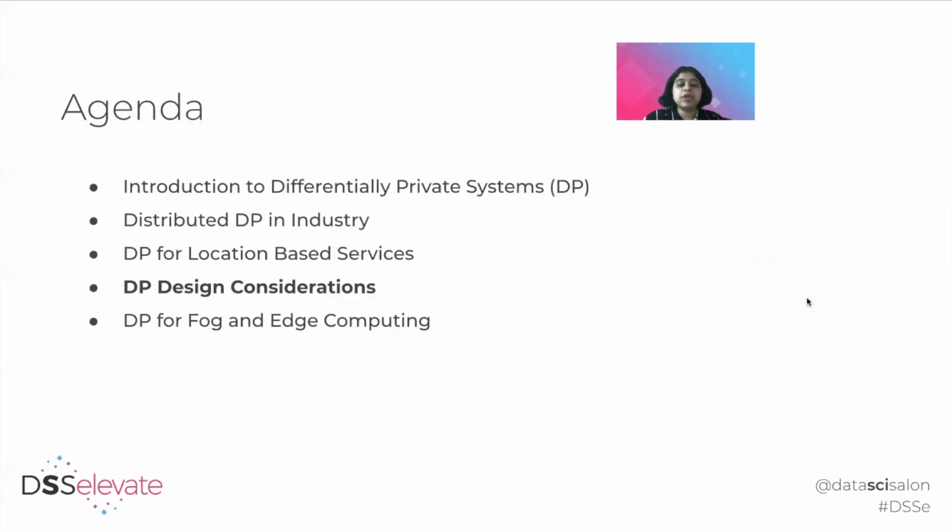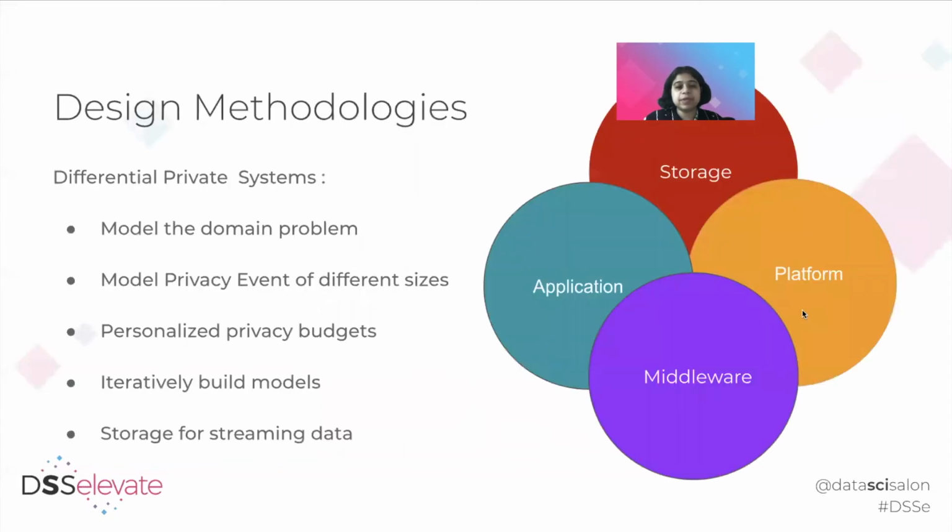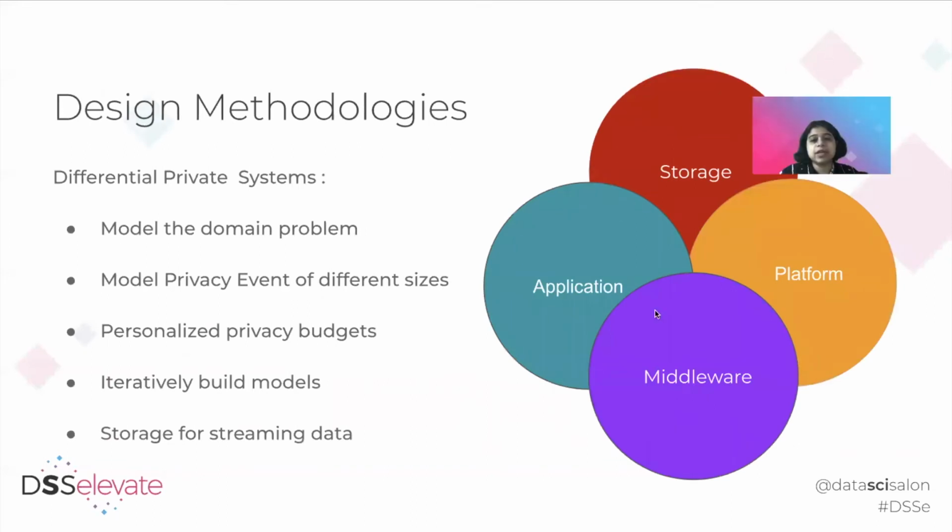Now let's look into the design considerations that we will take while designing differential privacy systems. First is the task of the architects and data scientists to understand the business problem, what data is available, whose data are in it, what confidential information is available, and how we can model the different queries to the database, or the different events that are happening in terms of different sizes, as well as model the privacy budgets for each of these events.